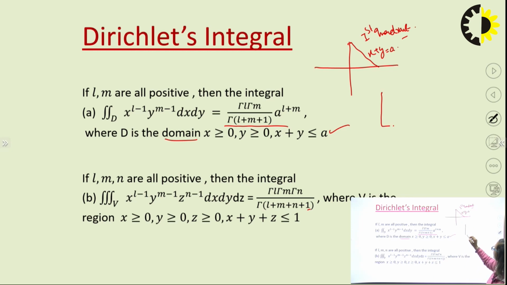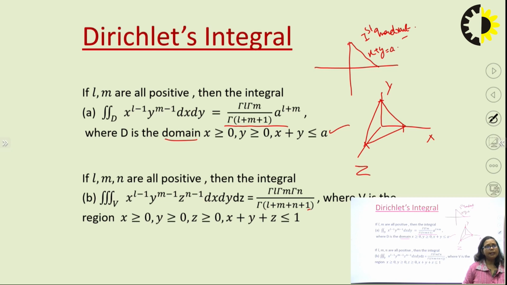If again I try to draw this region in 3 dimensions, this is the x axis, y axis and z axis. So x, y, z all take positive values only, and x plus y plus z equal to 1 means this is the intercept 1, this is 1, this is 1. If I join these, I get this plane.